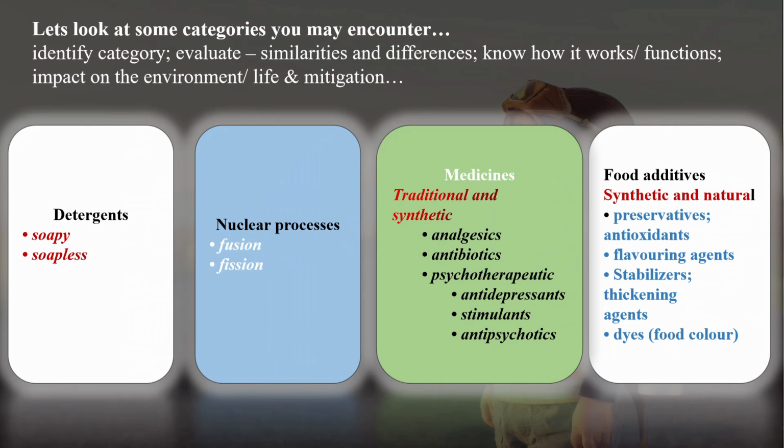These effects will be on human life, not on the environment. You may also encounter nuclear processes, which are categorized into nuclear fusion and nuclear fission. In each category, they have their ways of functioning, so you explain how they work, explain their impact on human life, and after explaining the impact, you mitigate it.